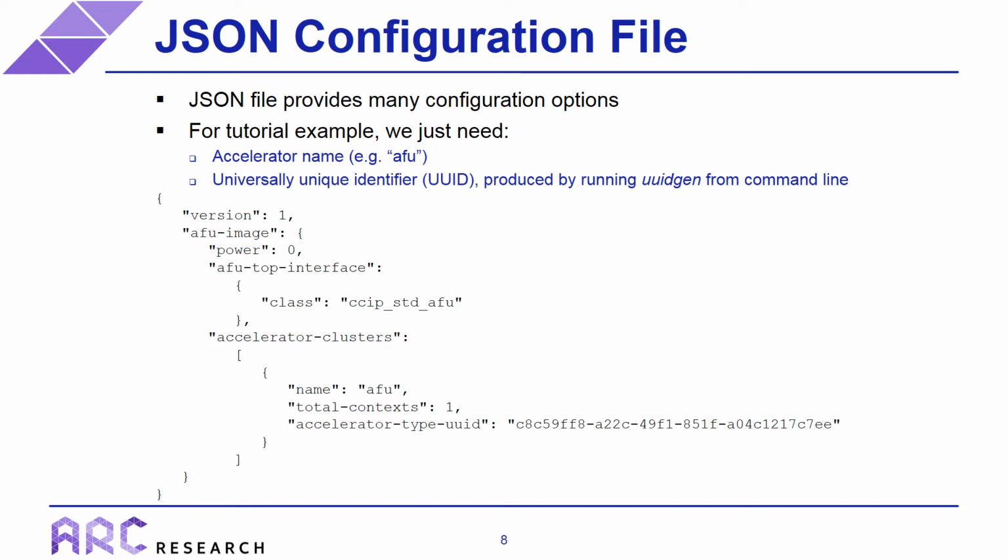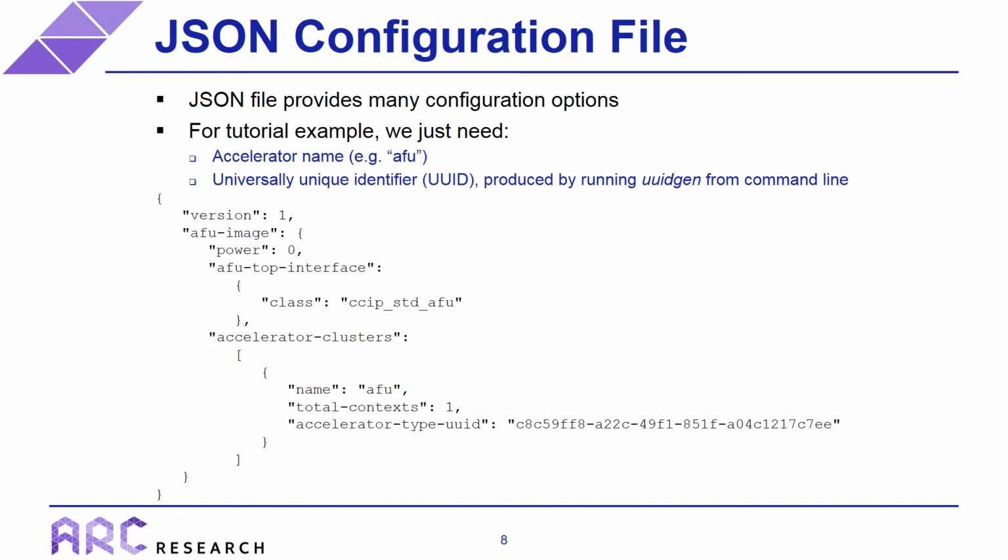The other important piece of information is the universally unique identifier, the UUID. And you produce this by running uuidgen from the command line in Linux, and it will just output this identifier. You just copy and paste it into the JSON file here, and you now have a unique identifier for your specific AFU.